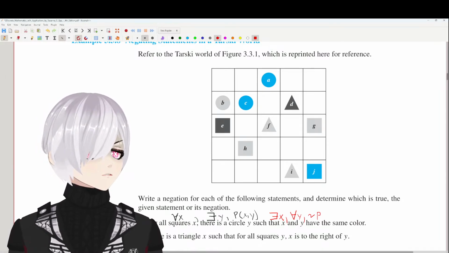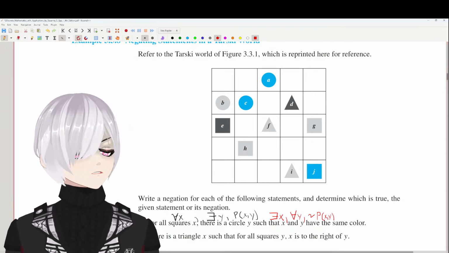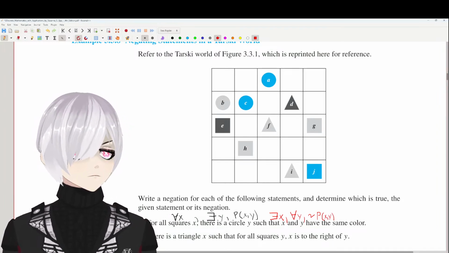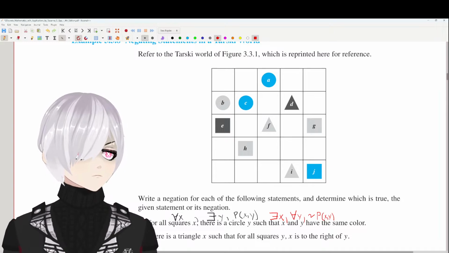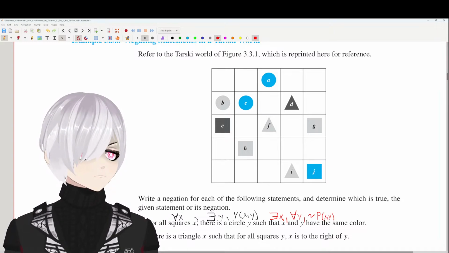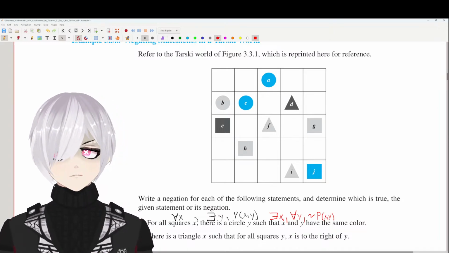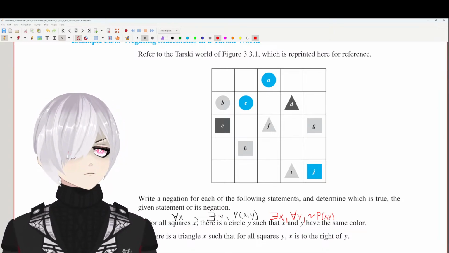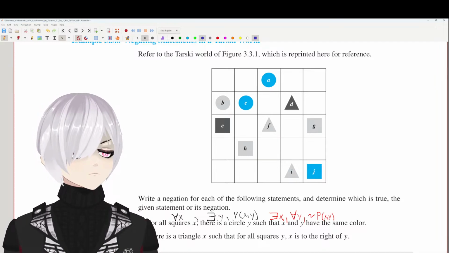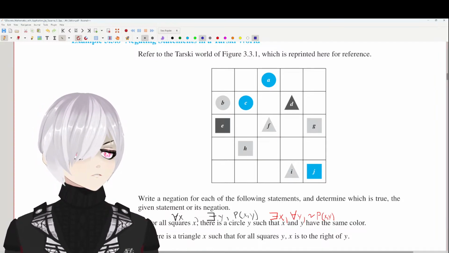Let me just reread that. And to capture that there are squares and circles, you can also say there exists an x in S and there exists a y in C. True. And then the question is, is that true?